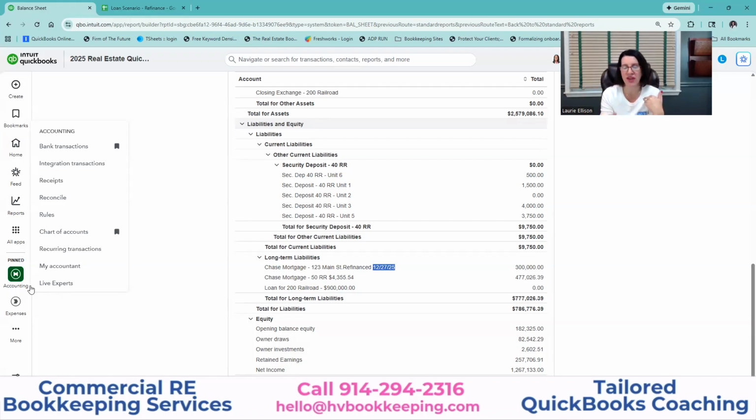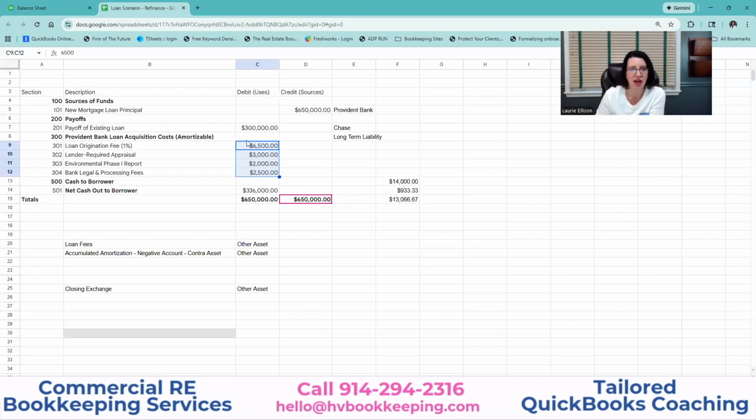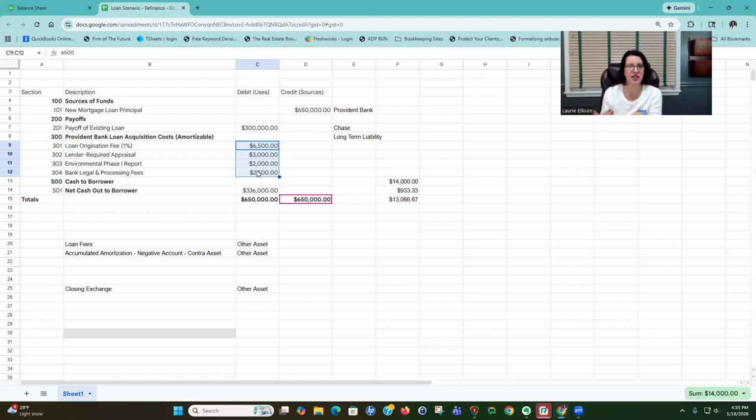Sometimes you pay your fees outside of the closing and so forth. Like you might be writing a check for this $14,000 in fees, right? So if that's happening, it's very hard for a newbie to post these things, especially when they're not all happening in one day. So that's why I use the exchange.